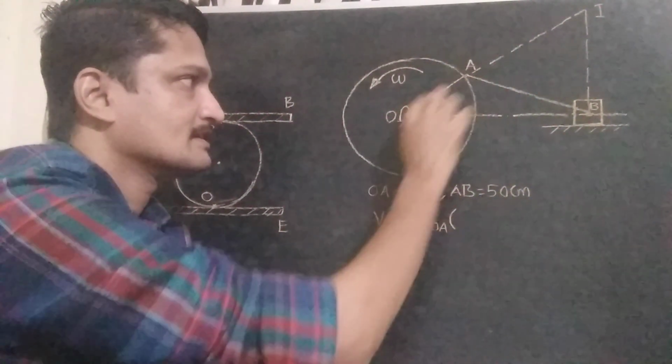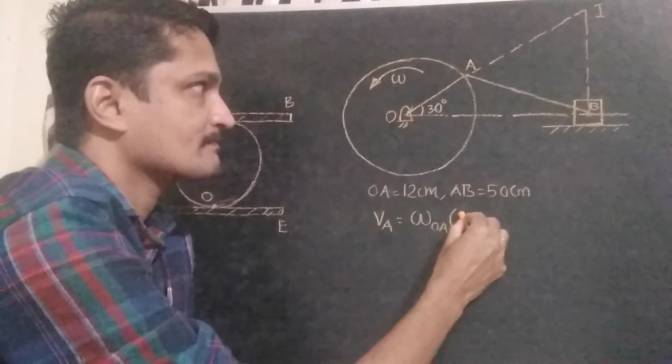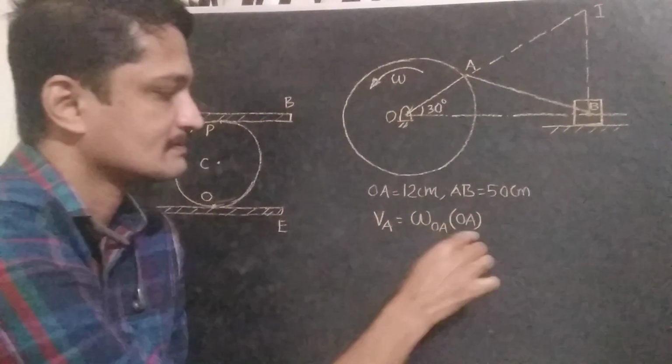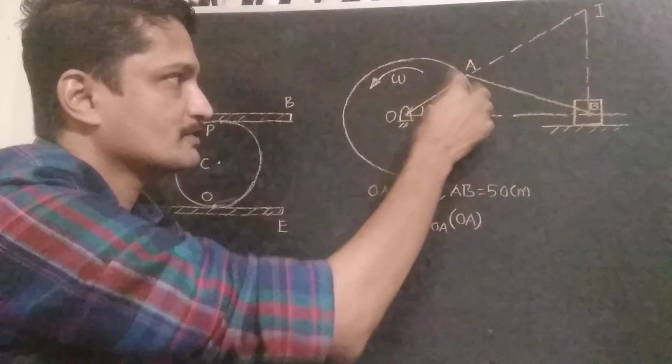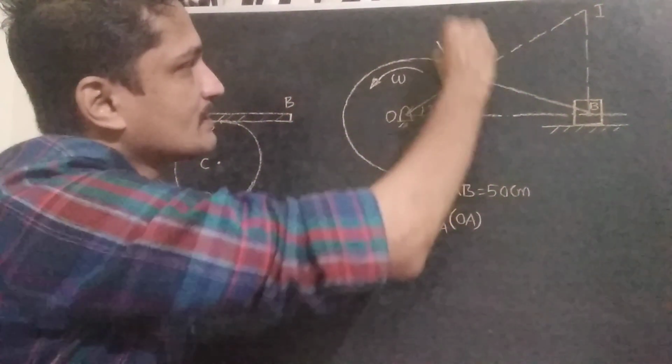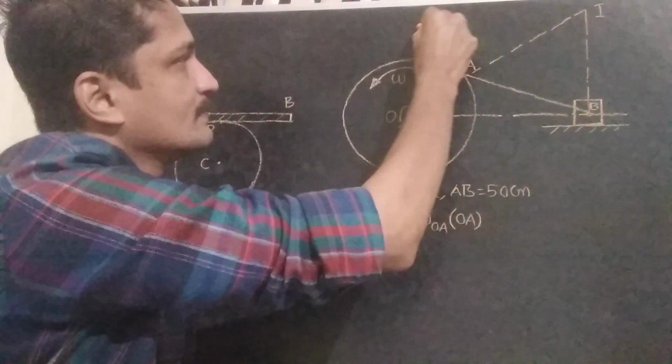Here that distance is equal to OA. This is the velocity of A, and it must be perpendicular to OA.